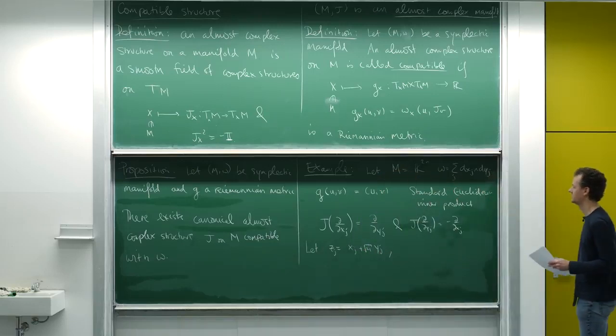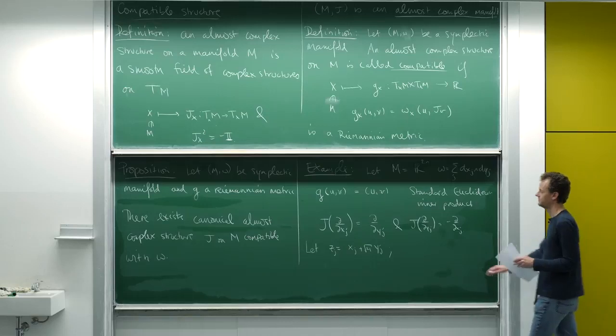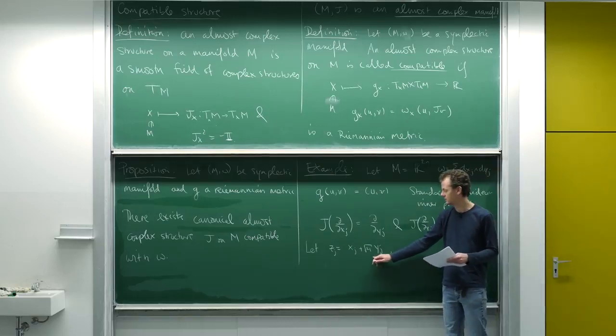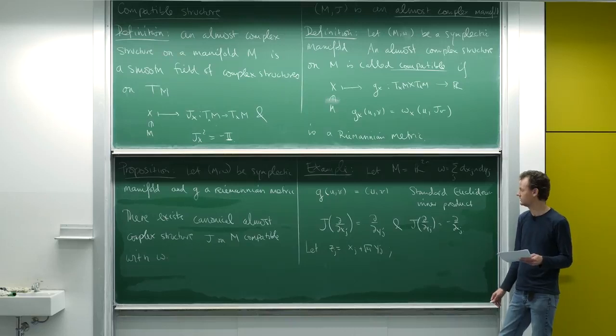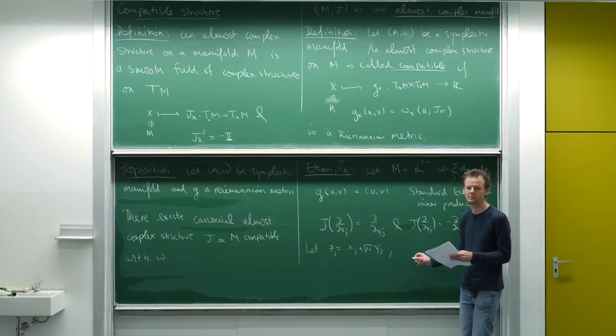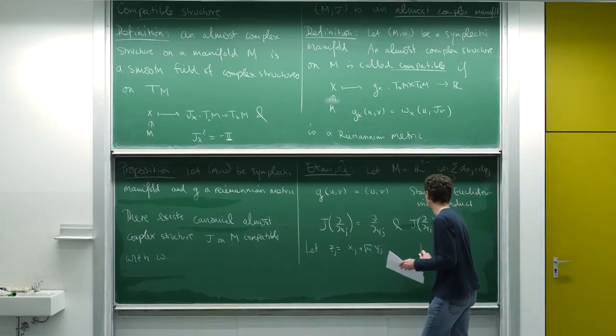And with respect to this basis, these coordinates Zj, we'll see that J corresponds exactly to multiplying by square root of minus 1.